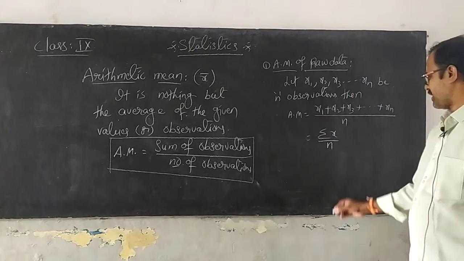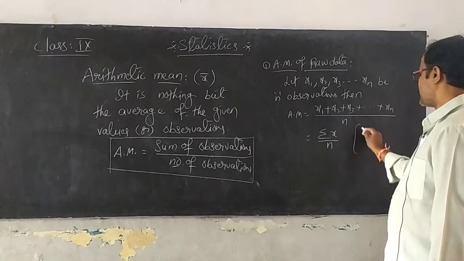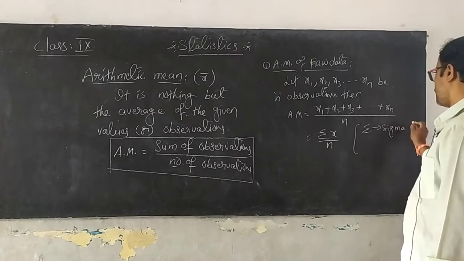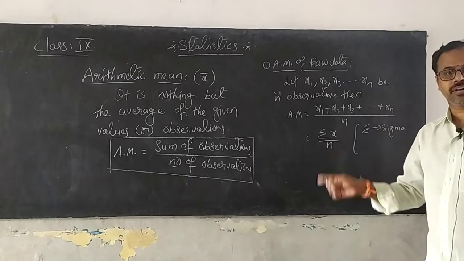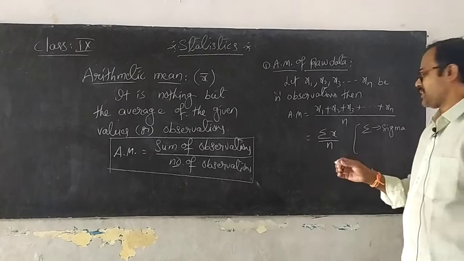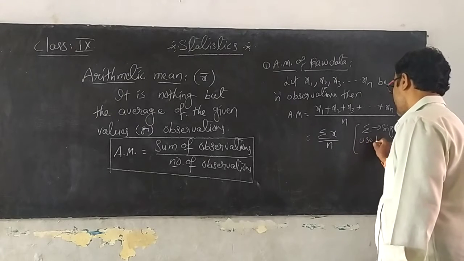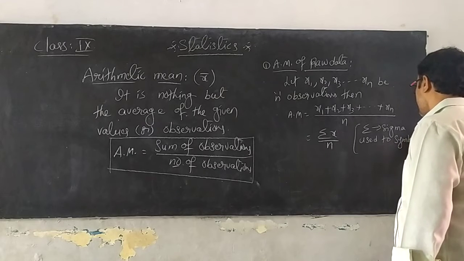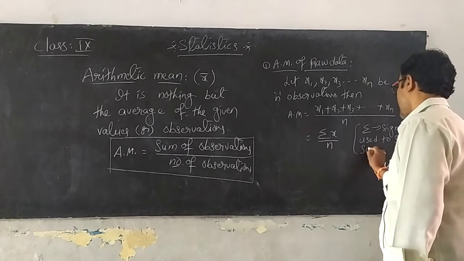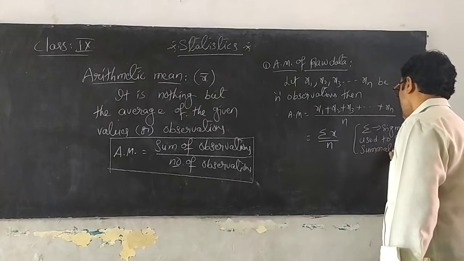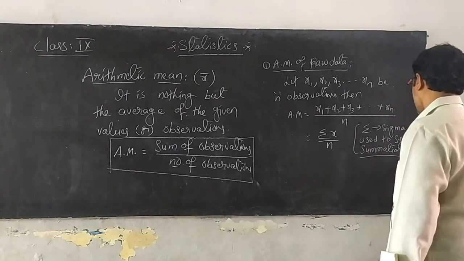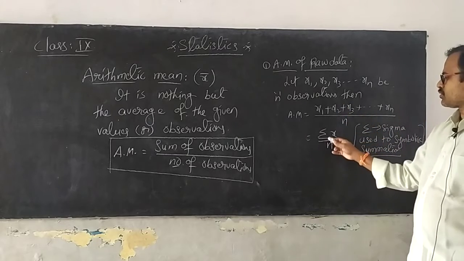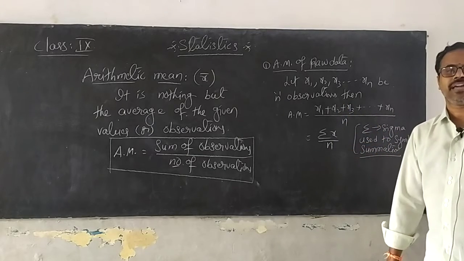This symbol is called sigma, and it is used to symbolize summation. That means you want to add a number of values. So instead of representing all the values, you can simply mention that as sigma x.